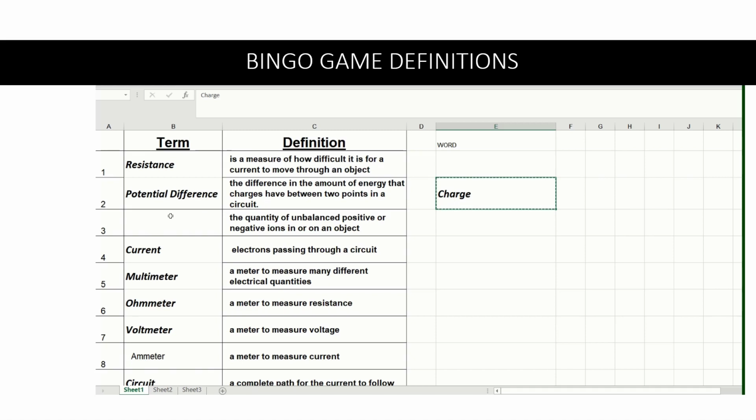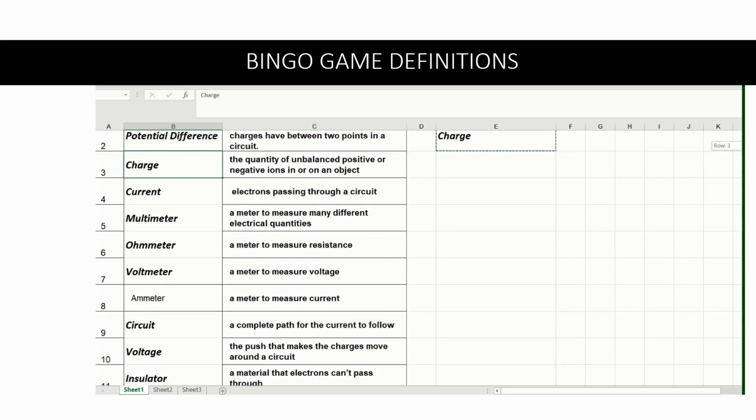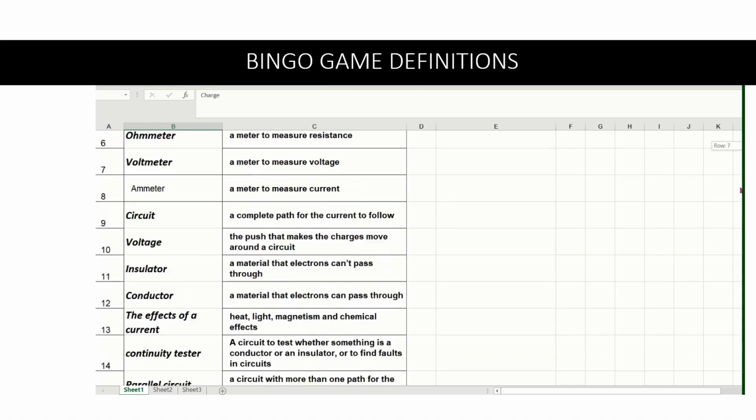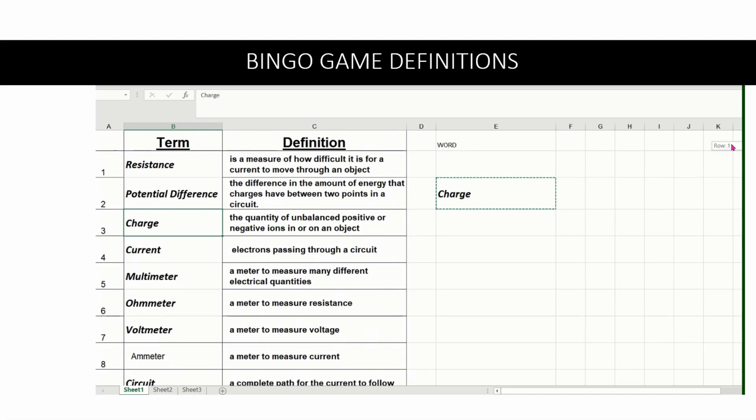So the charge is the quantity of unbalanced positive or negative ions in or on an atom. Your task now is to go away and, using the word wall, learn those 16 terms because they're really important. Thank you for listening, and I hope you've enjoyed the game of bingo.